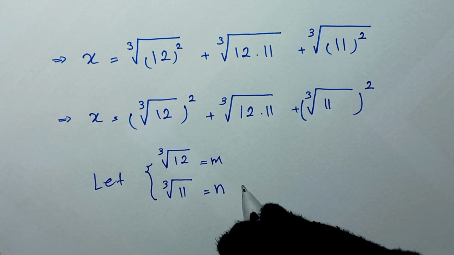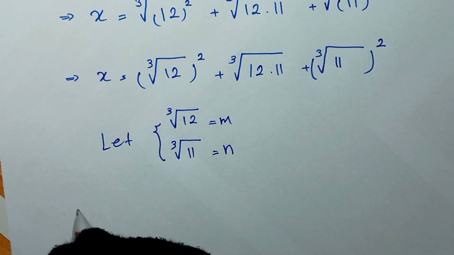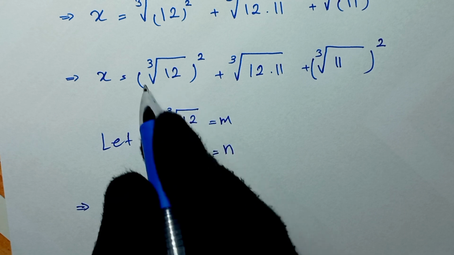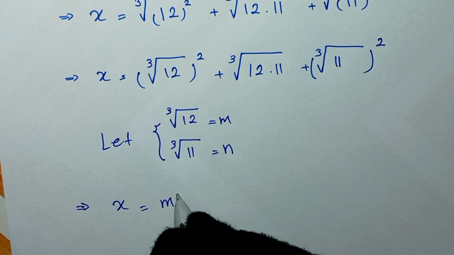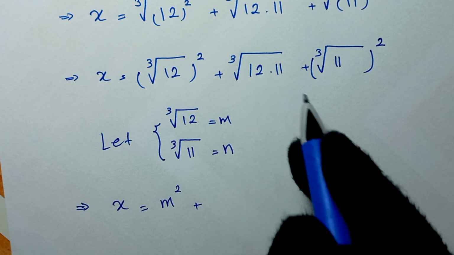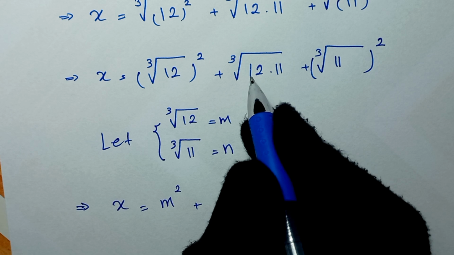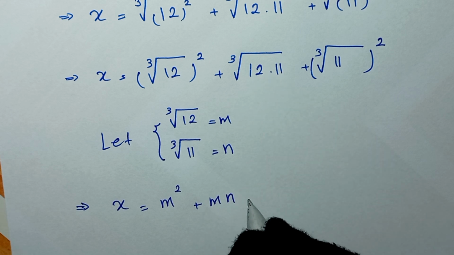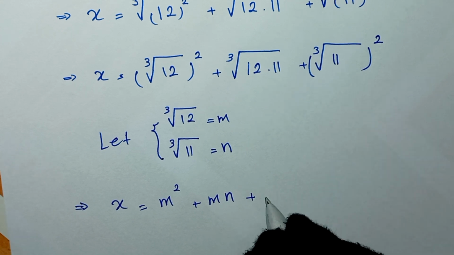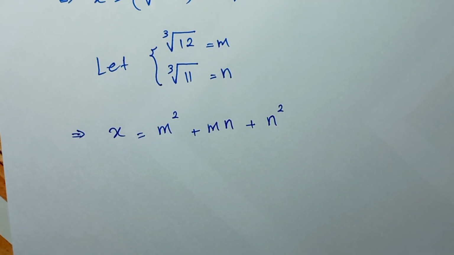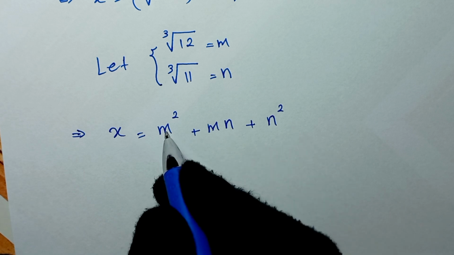So we rewrite this equation, and x is equal to m squared, right, and plus cube root of 12 times 11, we can write this as cube root of 12 times cube root of 11, and it will be m times n, and plus n squared. And next step, we multiply both sides of this equation by m minus n.